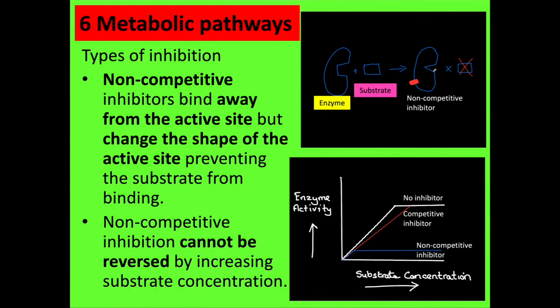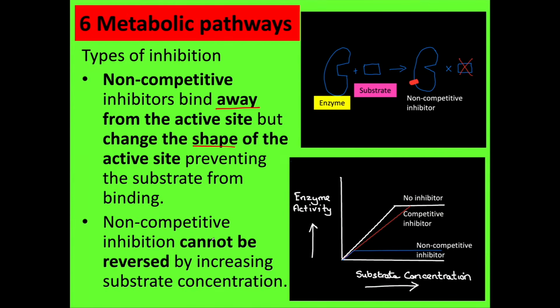And what that means is the substrate is not directly competing with the inhibitor, but because of the inhibitor's action, the substrate can no longer bind to the active site because the shape has been changed, and therefore the substrate can't bind to it anymore. Okay, so a non-competitive inhibitor binds away from the active site and it changes the shape of the active site, which prevents the substrate from binding.